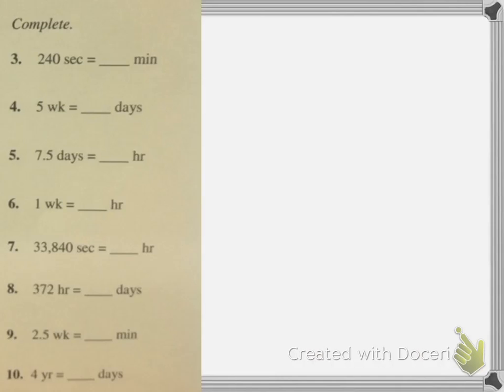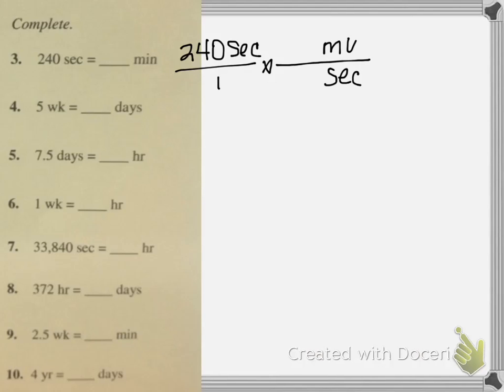So just like we've done previously, I like to start with what we're given. So 240 seconds. We do have a direct conversion of seconds to minutes, and again I put my seconds on the bottom because I want them to cancel.